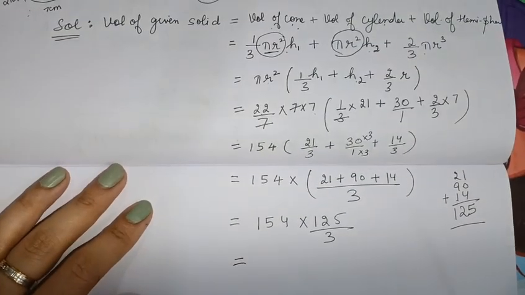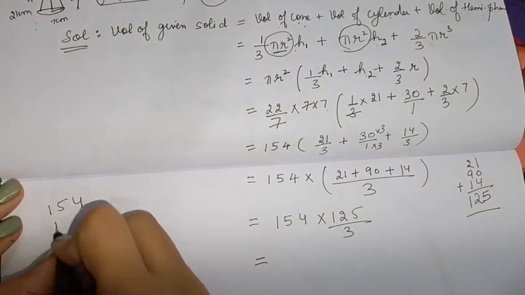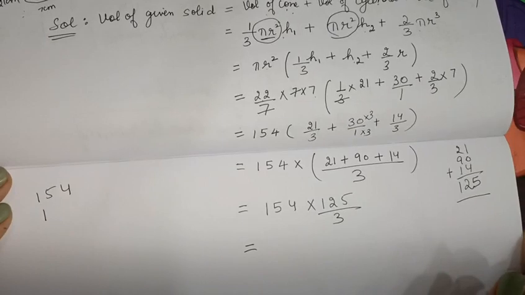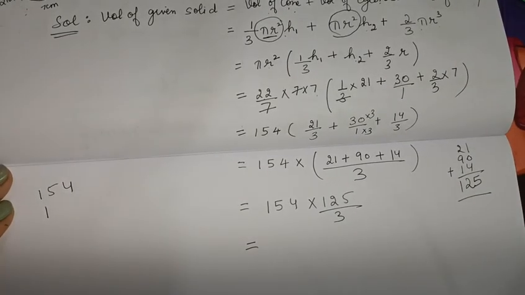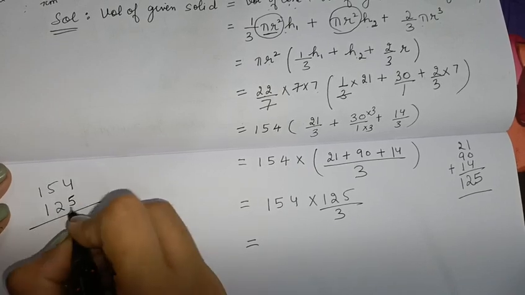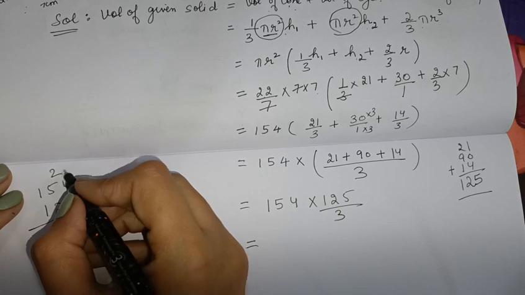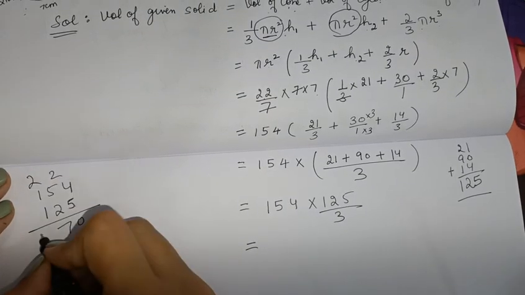So let's multiply these two. 154, you can see the numbers are quite big here and they are not divisible by 3. So that means actually we have to multiply and then we have to divide by 3. 154 into 125, I am multiplying. 5 into 4, 20. 5 into 5, 25, 26, 27.